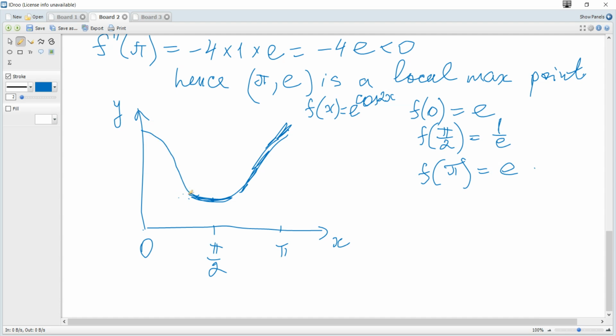Something like that, and it's e, and it's 1 over e. Something like this. Definitely it must be a smooth curve. Okay.